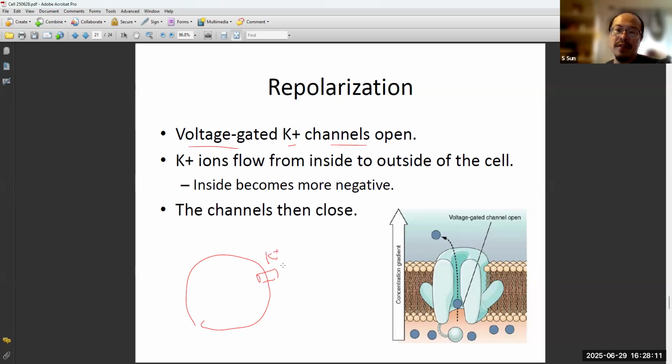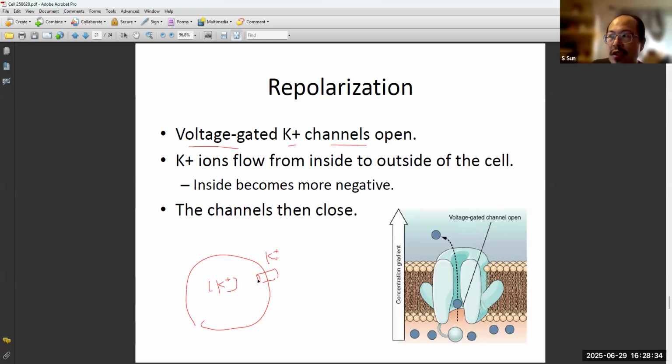And we know that molecules move from high concentration to low concentration. So the question is, where do we have a high concentration of potassium? Inside of the cell, you have a high concentration of potassium. You have a lot of potassium inside of the cell.